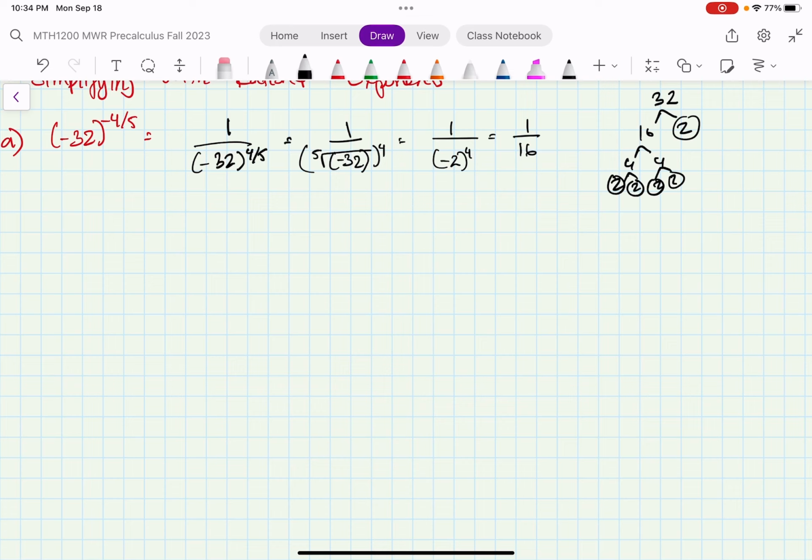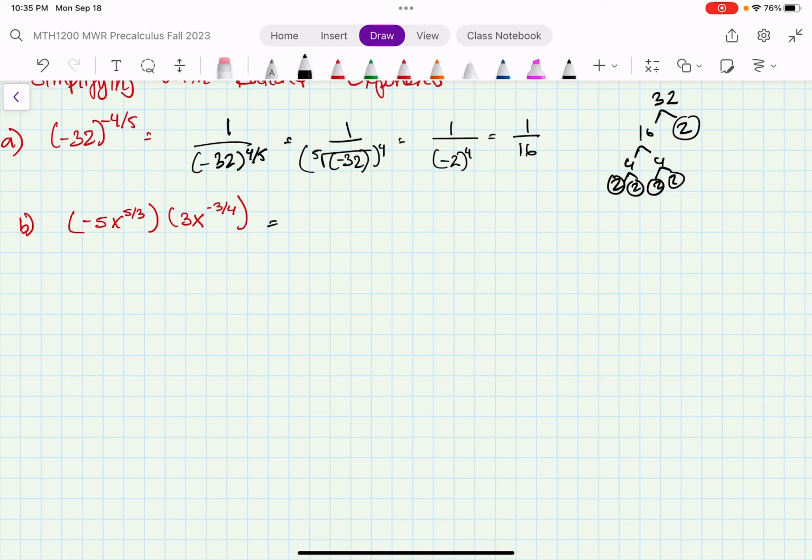Okay, let's look at another problem. Let's look at negative 5x to the 5/3 times 3x to the negative 3/4.